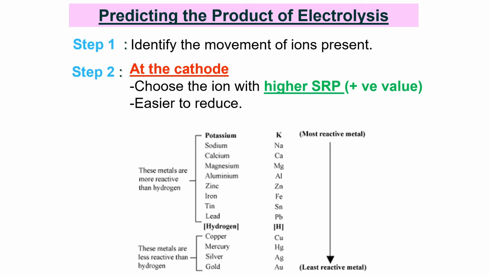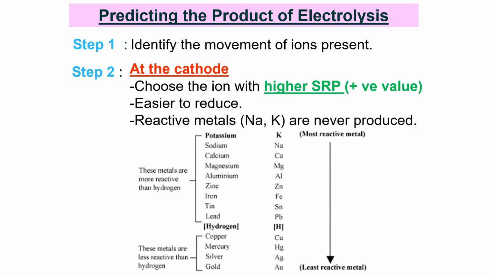So, itu yang paling senang untuk being reduced. Okay, kalau dalam this electrochemical series, yang paling senang untuk being discharged ialah yang di bawah-bawah ni. So, yang lebih bawah lebih senang untuk being discharged. Okay, kalau dari SRP table, kamu tengok yang value ni yang lebih positif compare yang di atas.